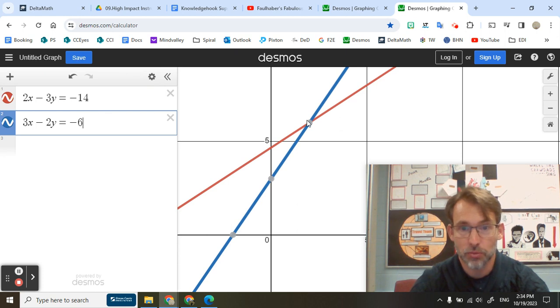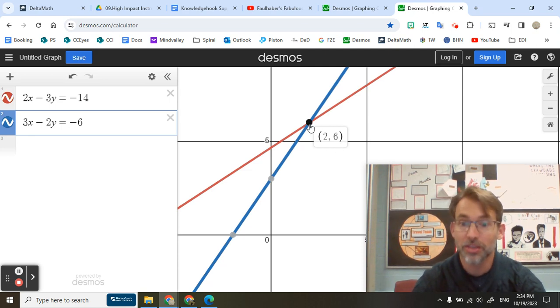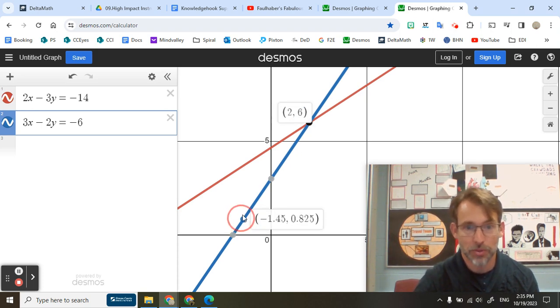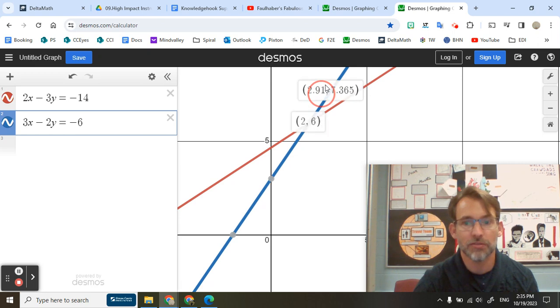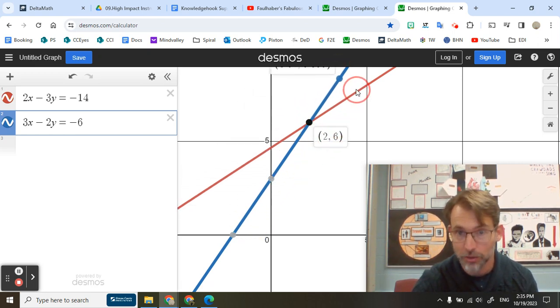So we found that x was 2 and y was 6, and there it is. The x coordinate's given first, and then the y coordinate. And this is what we call the solution to a system of linear equations. This is one line. This is 3x minus 2y equals negative 6. And that's a whole infinite set of possible solutions, okay, that all form a line when they're graphed.